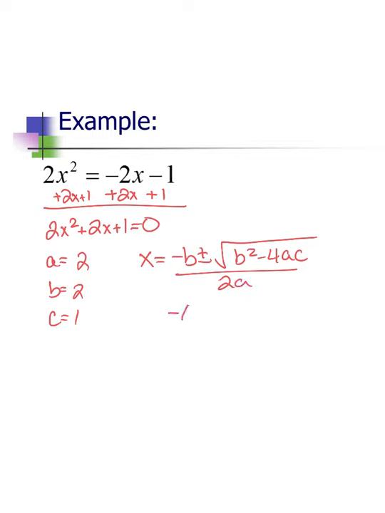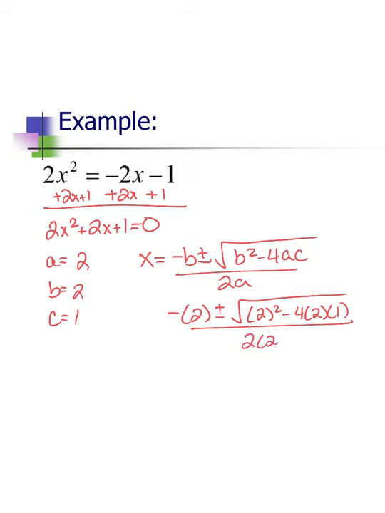I'm going to plug in what I know. I'm going to simplify. Again, you can type this part into the calculator exactly as it's written. And 4 minus 8, negative 4 over 4.